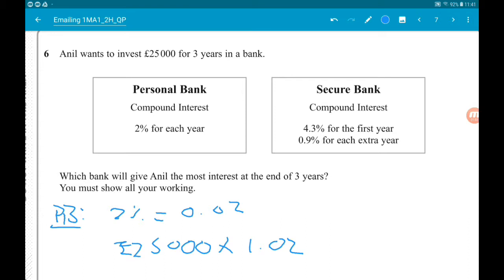That would work out how much is in there after 1 year, but we want 3 years. So we use a power of 3 on the multiplier. Now that gives us £26,530.20.